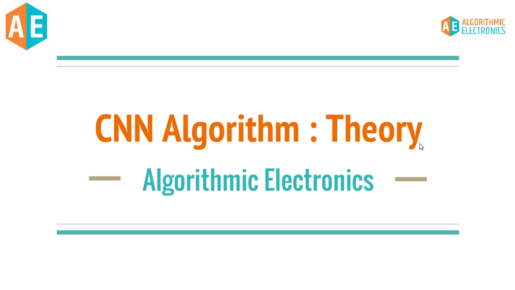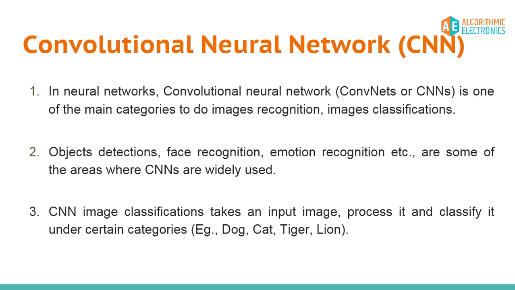Firstly, we'll understand how an image is represented in the computer, and we'll understand everything about color, binary and gray level images, and after that we'll try to apply the CNN algorithm on such images. As I have discussed, the convolutional neural network, the CNN algorithm, is one of the main categories for image recognition and image classification.